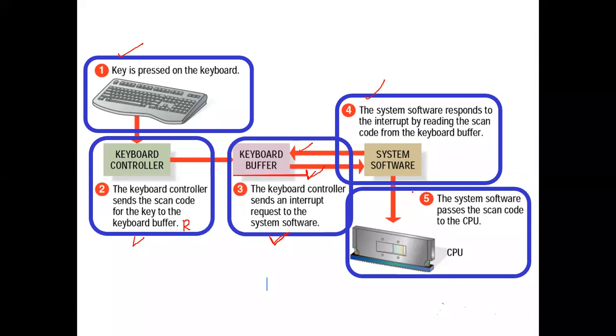Now by reading that, number five, the system software passes the scan code to the CPU. So the CPU now works on that particular code. When it works on it, for it to be displayed back, it sends it back to the keyboard buffer, right? From the keyboard buffer to the main memory, and then to the output device, in this case, the monitor.